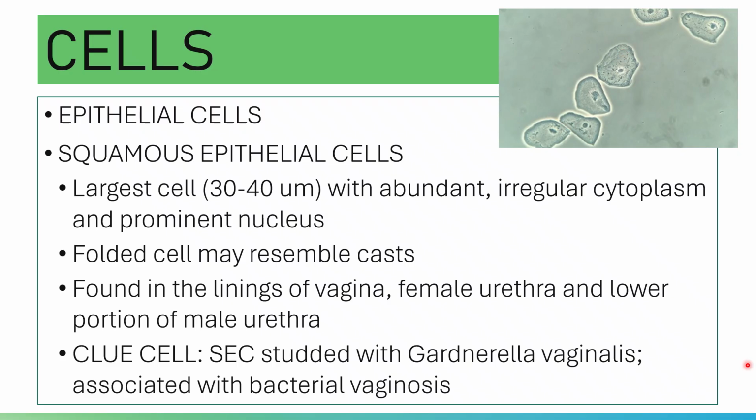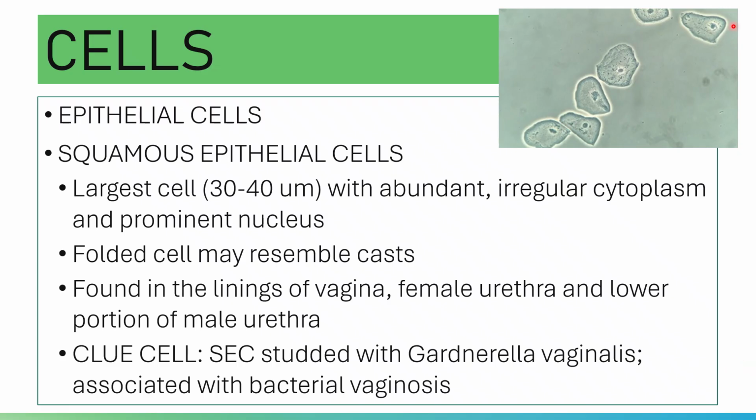Please note again that this is your largest cell in the urine sediment, and squamous epithelial cells are the most frequently seen cell in the urine and the least significant among your cells and also among your epithelial cells.